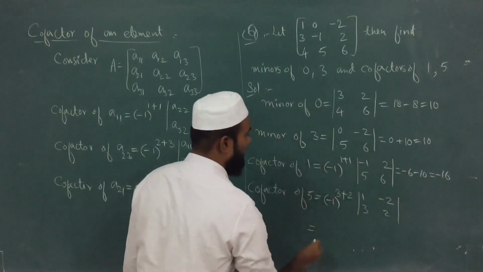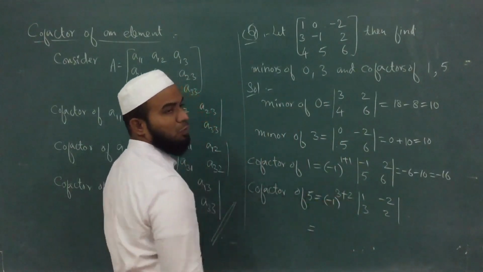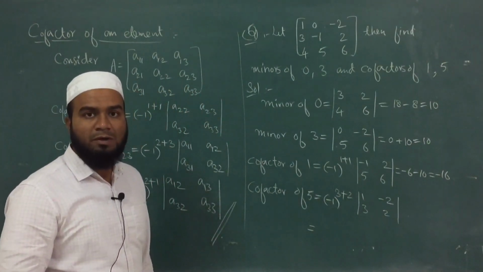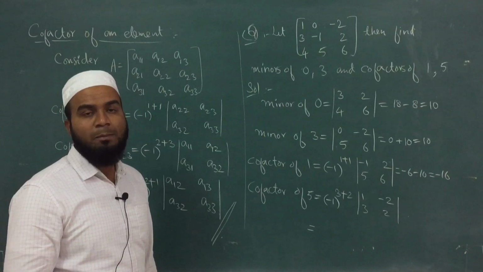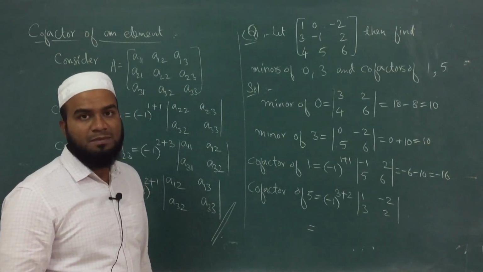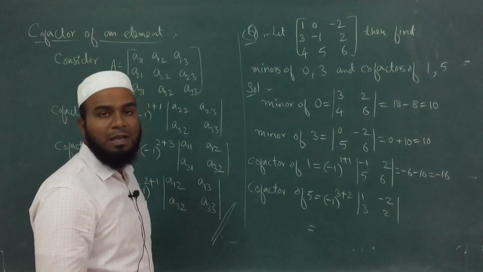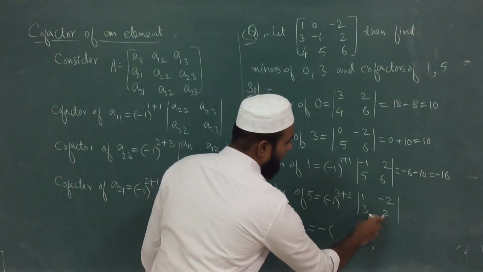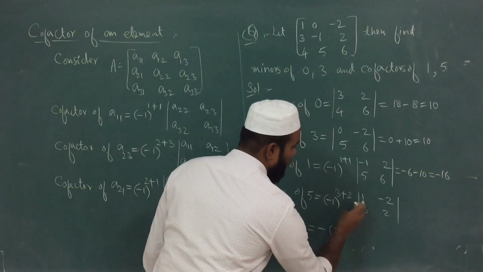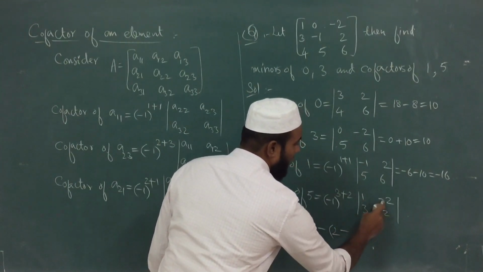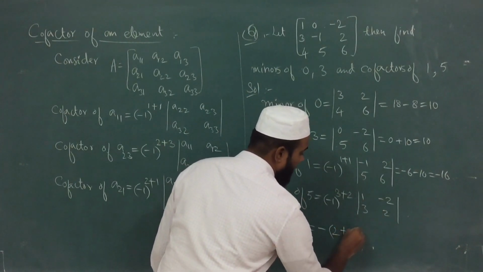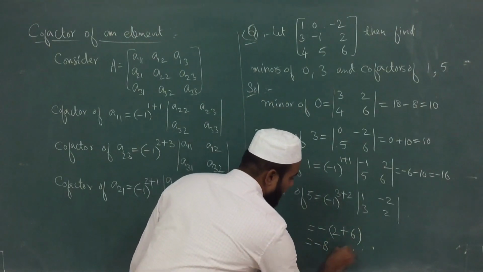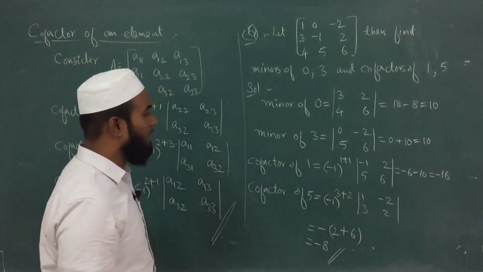Simplify this. So what we will get? Minus 1 power 3 plus 2 is nothing but minus 1 power 5. So minus 1 is multiplied 5 number of times. Then what we will get? Minus 1 only. So this is minus of 2 minus 3 into minus 2, that is minus 6. So this will become plus 6, right. Simplify this, what we will get, minus 8, right. This is the required cofactor of 5.